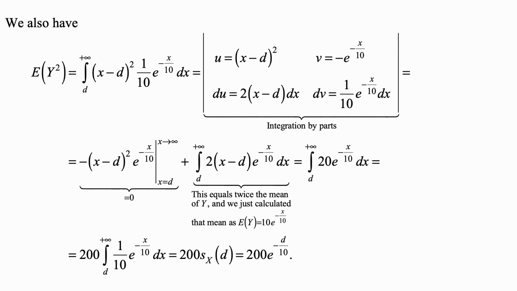We also have the second moment of Y equal to the integral from D to plus infinity of (x minus D) squared times the density 1/10 e to the minus x over 10 dx. There is no nice Darth-Vader rule for the second moment, so we just do integration by parts here. Take (x minus D) squared to be u and v to be minus e to the minus x over 10, so that dv is what we see under the integral.